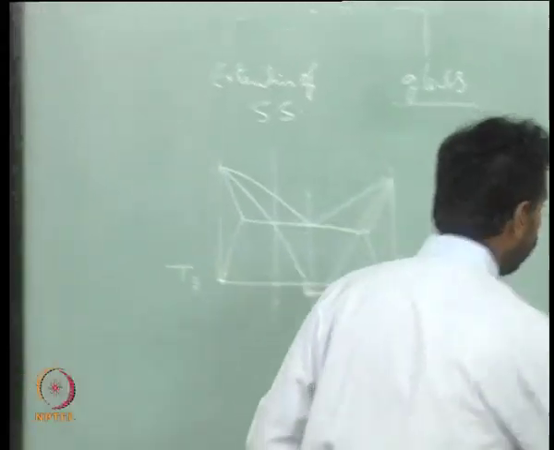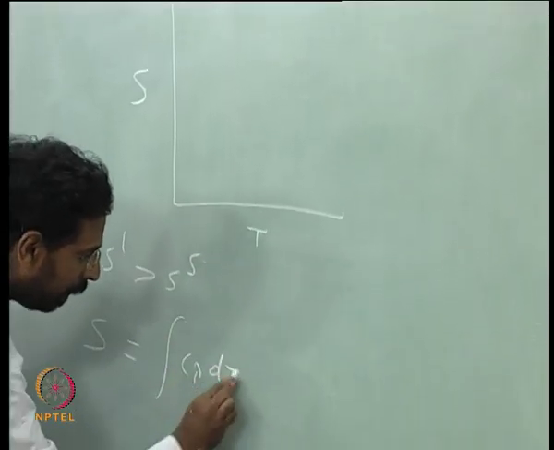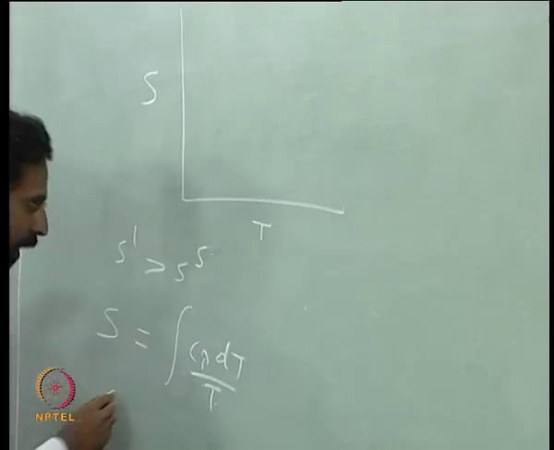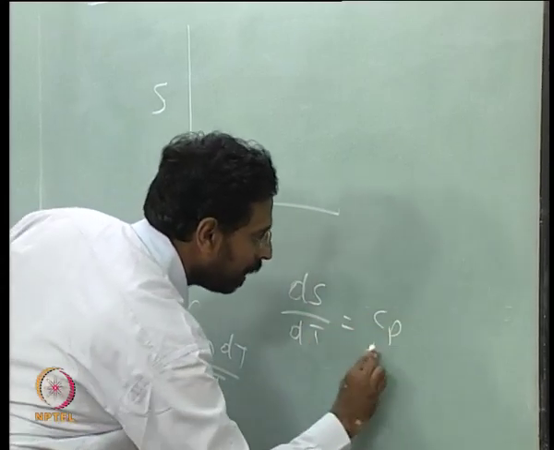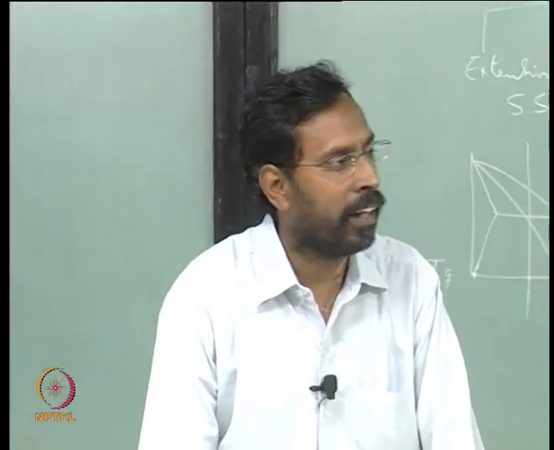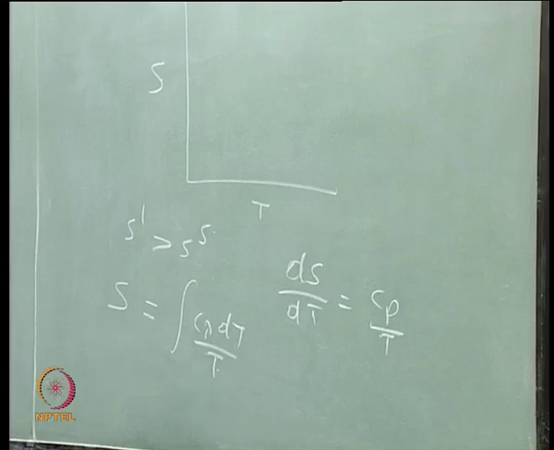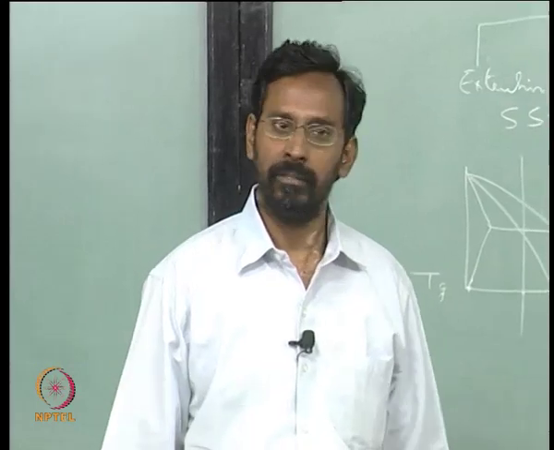Because we know pretty well that S is nothing but integral Cp dT by T, and as a result dS by dT I can always write as Cp by T, and because we know that Cp of liquid is always higher than the Cp of the solid, I can expect the slope of the entropy versus temperature curve to be steeper for the liquid when compared to the solid. This is understood.